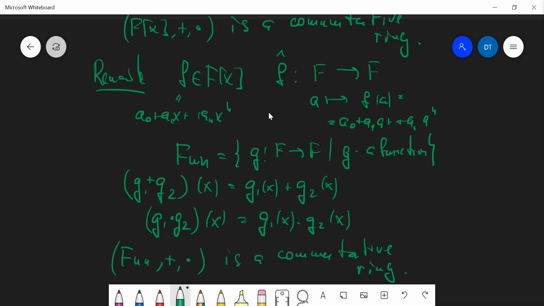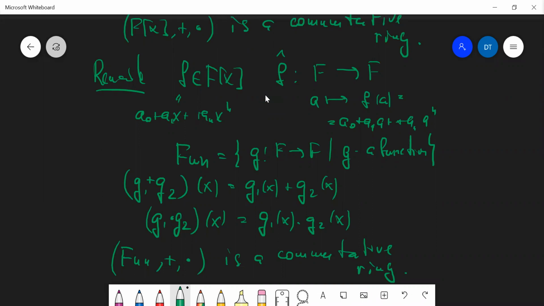Your polynomials may be equal as functions, but they may have different coefficients. So this is not the equality I want to use. I want to compare polynomials just by coefficients. In order to be able to do that, I need to deal with polynomials as pictures, not as functions. Because two functions are the same if and only if they have the same value at each point.